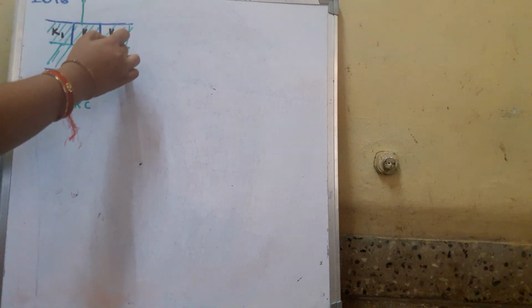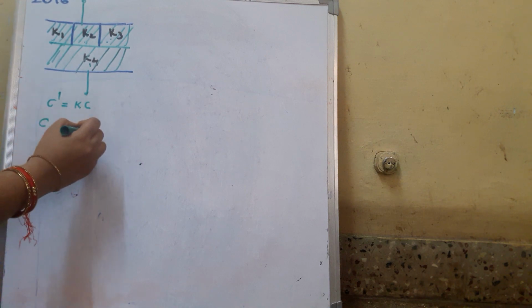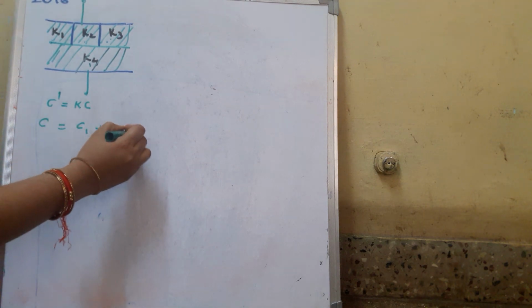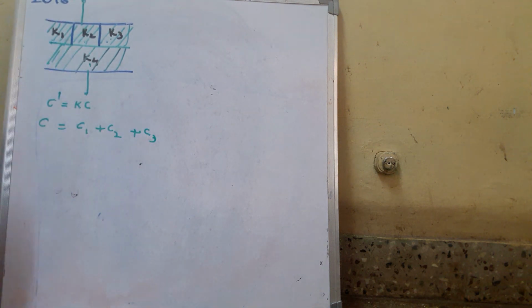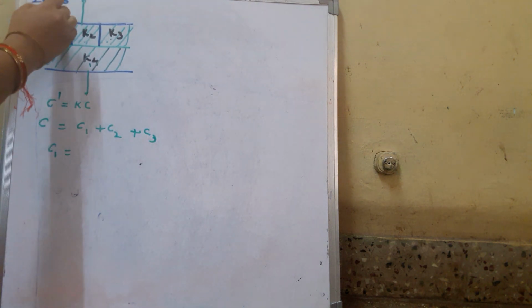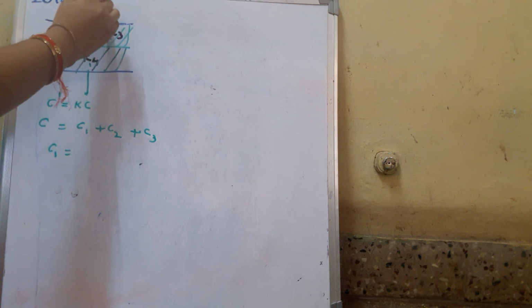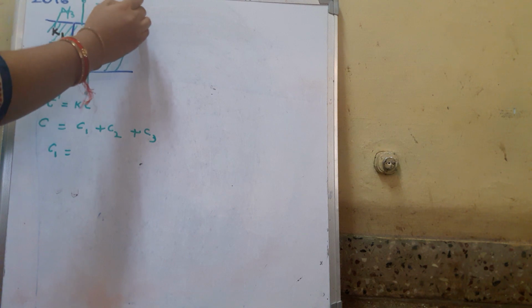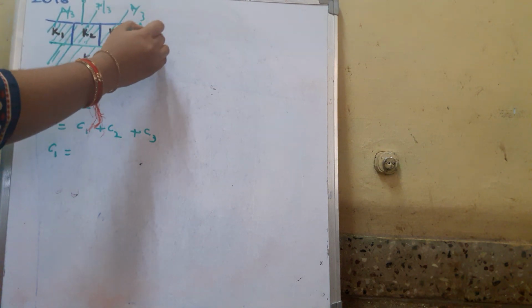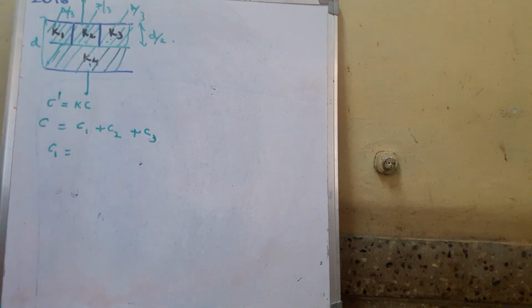If all three were in parallel, the effective capacitance would be C1 plus C2 plus C3. Now let us see what C1 and C2 are. The area I divide as a/3. This is also a/3. This area is a/3 and correspondingly the distance is d/2. Total distance is d.